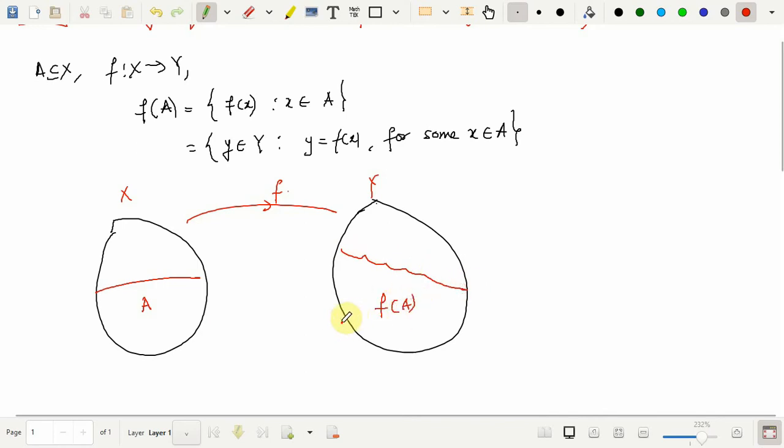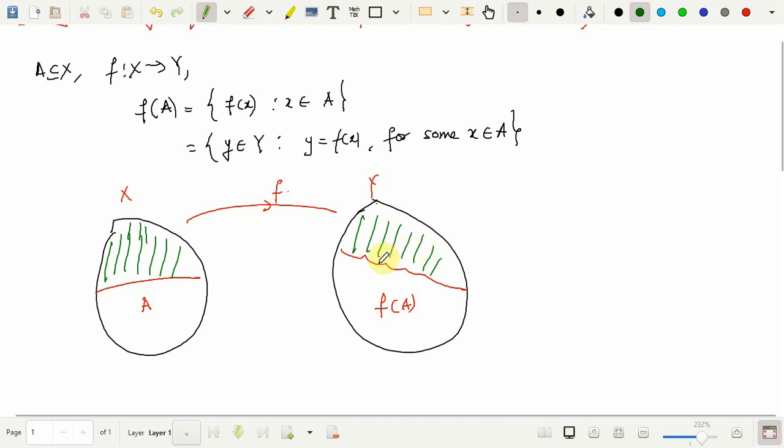Now the question is, if I talk about the complement of this A, that is this remaining part, whatever is in green in this case, does this remaining part map to the remaining part, the complement of f of A? Does this green part map to the green part in the codomain for every function? This is not true in general.